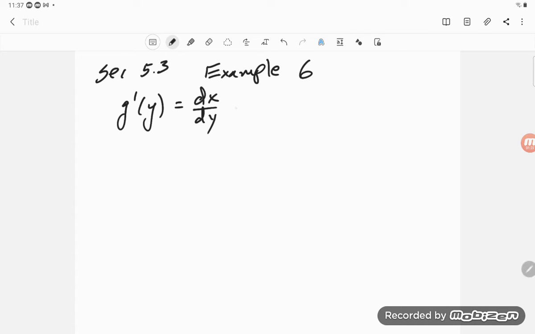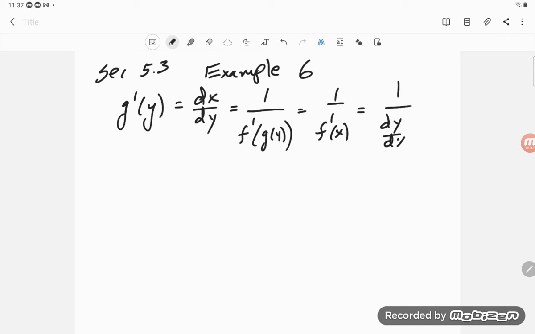Okay, but that we also know is our 1 over f prime g of y, like that. And so that would be our 1 over f prime of x, which is equal to then 1 over, and if I just use the other notation, we get dy dx.